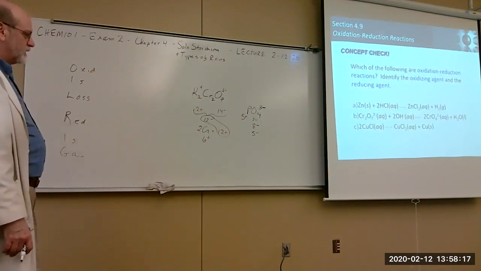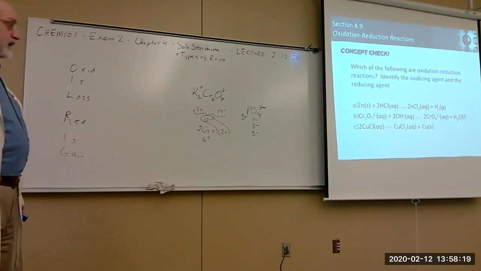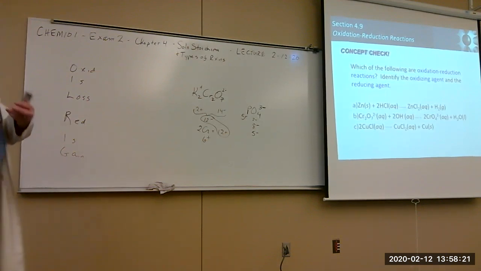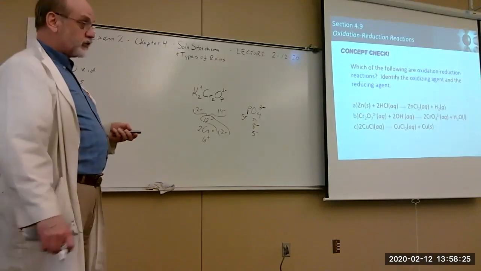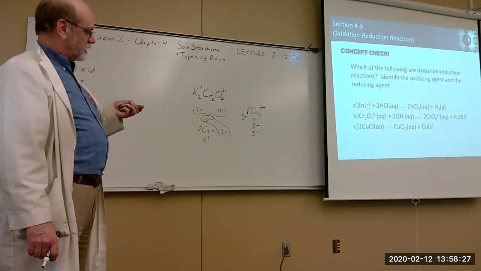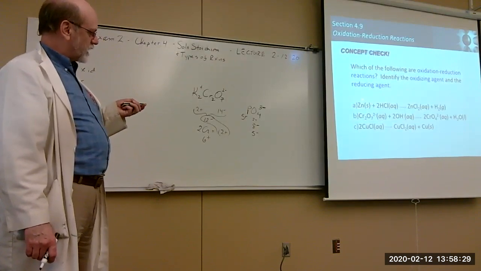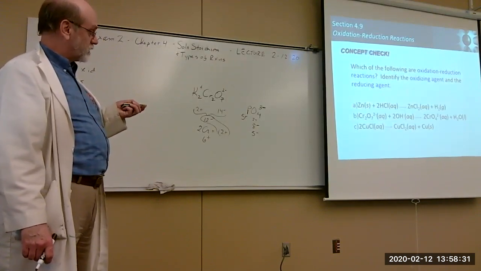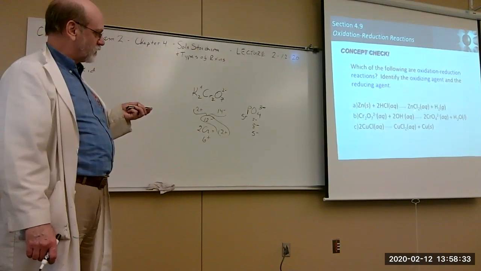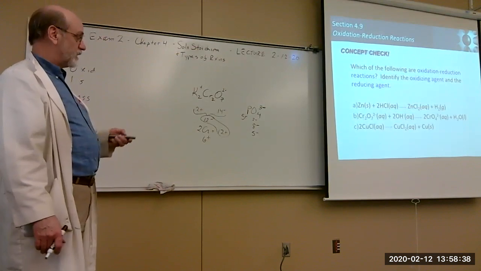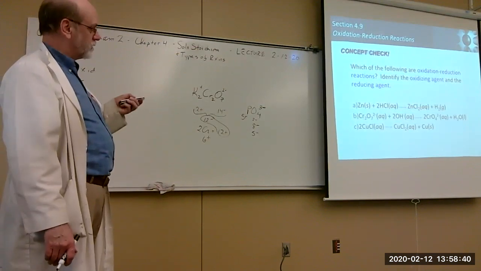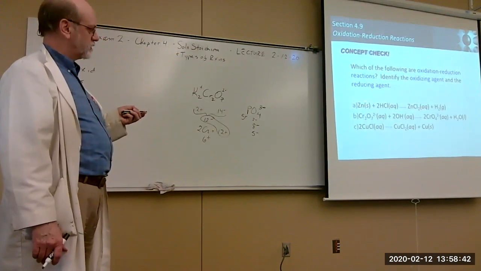These are examples. How do we know if something's being oxidized or reduced? Well, there's a quick way and a long way. If you can use the quick way, fine.